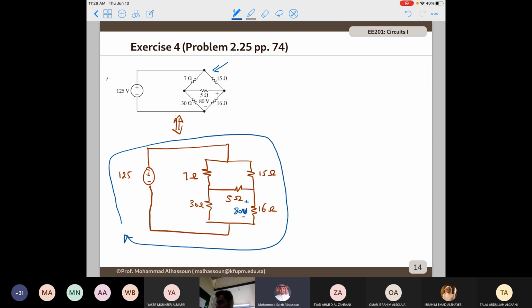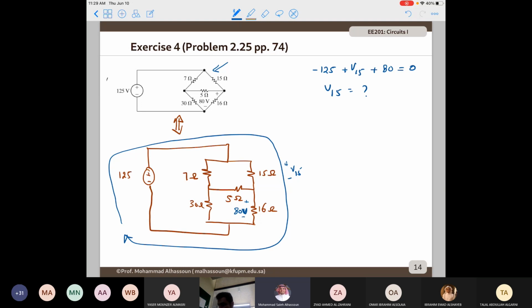So if you apply KVL here, we get minus 125 plus the voltage here, let me call it V15, plus 80, which was given, equals 0. From that, you can find V15.